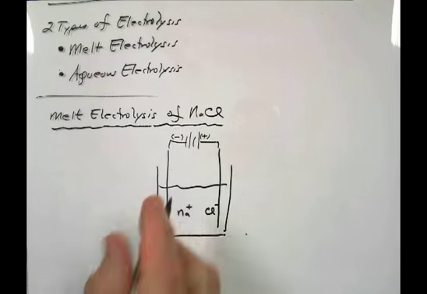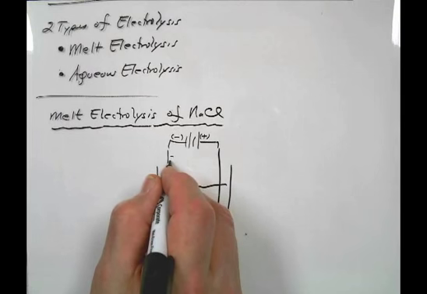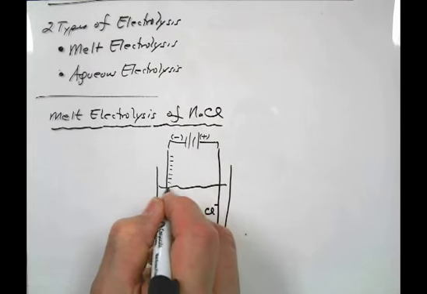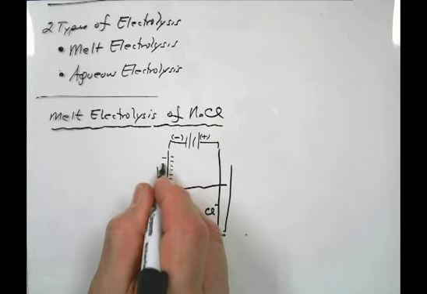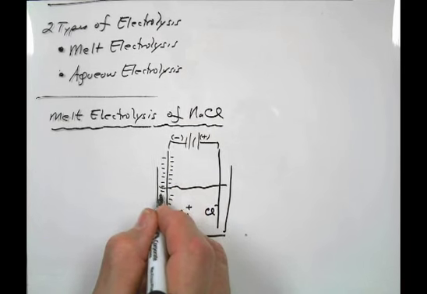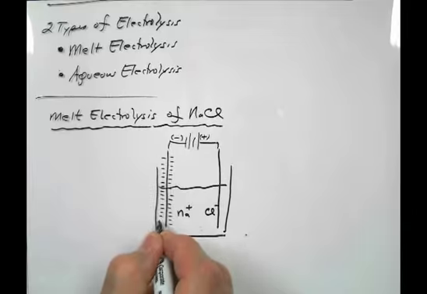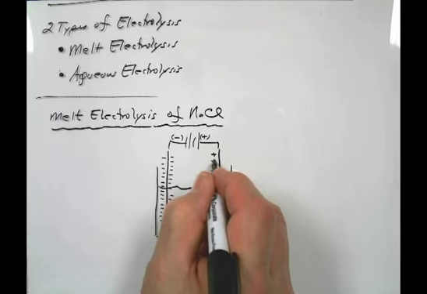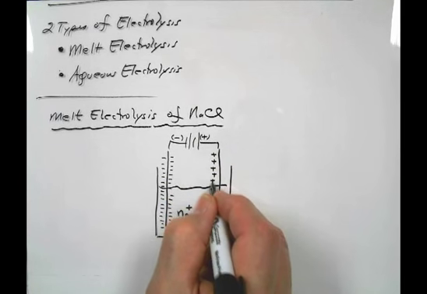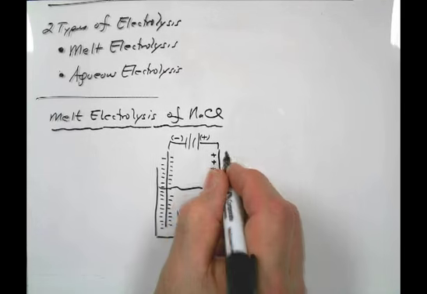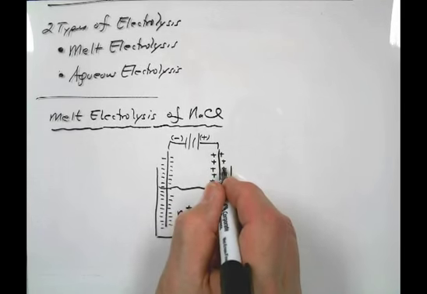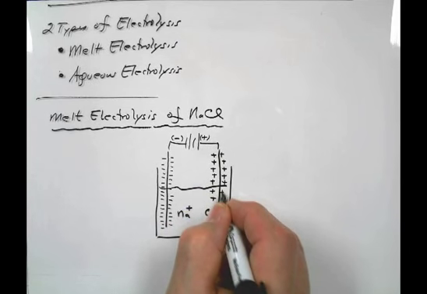So if this one's negative, this one's positive, the process then proceeds because the electrodes will attract the oppositely charged salts.